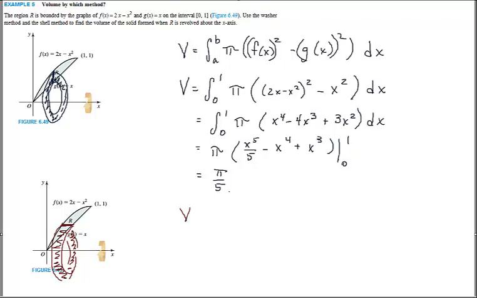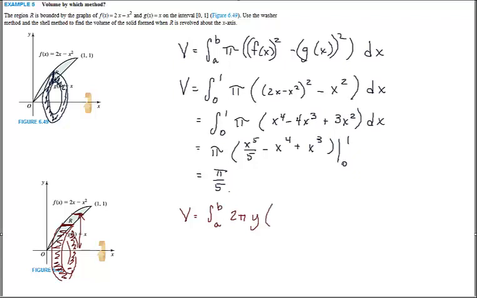I will need my formula, which is volume equals the integral of 2 pi. I'm going to have to integrate this one with respect to y, so it's 2 pi y, because my radius is always going to be whatever that y value is, whether you're on this shell up here or this one down here.